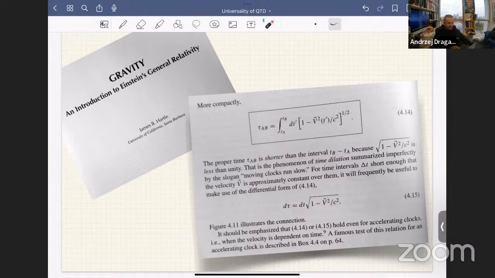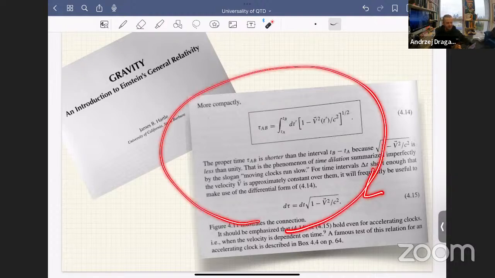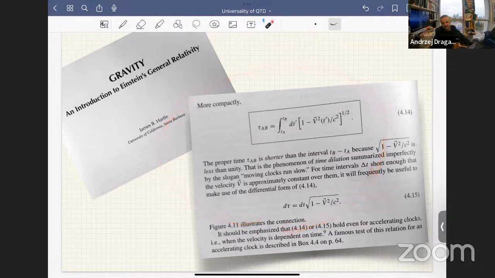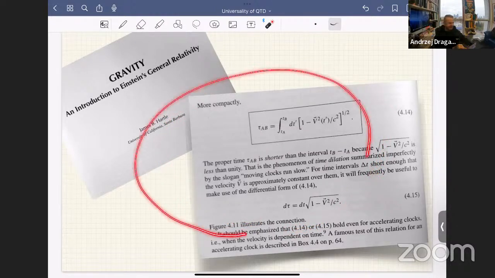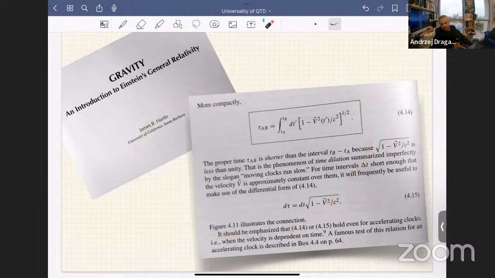And the experiment that was discussed on this other page of the book is exactly the experiment where muons are put in a circular accelerator. They run in circles, and they have chosen the geometry so that the velocity of the motion is really ultra relativistic. It's almost the speed of light.